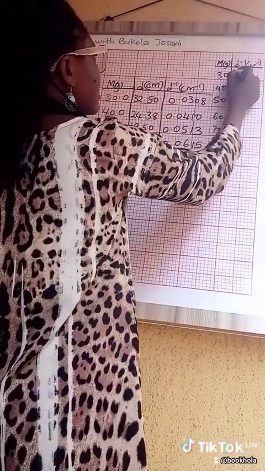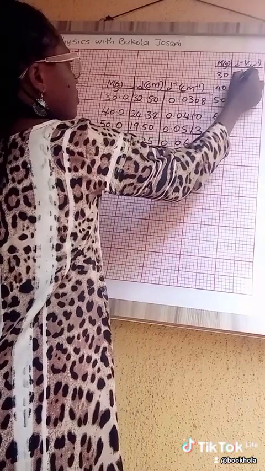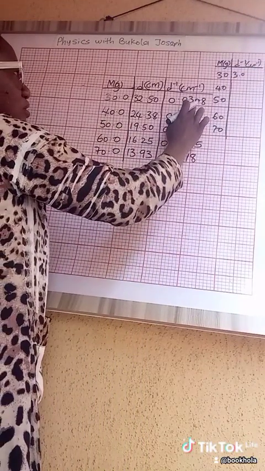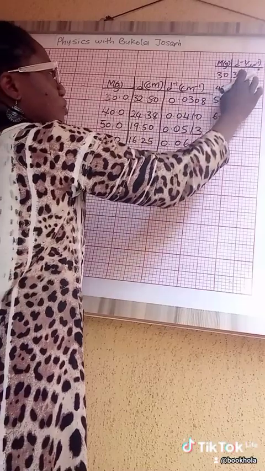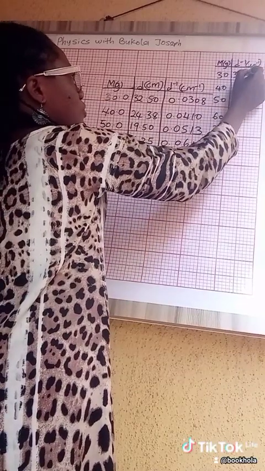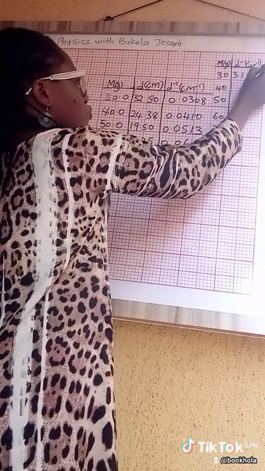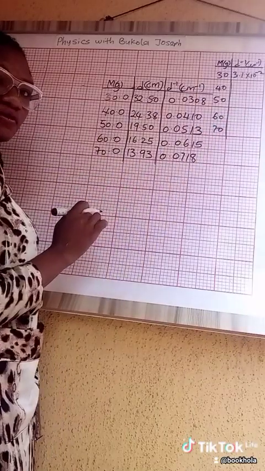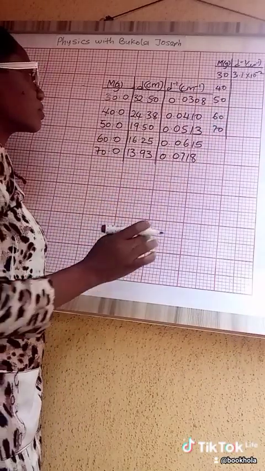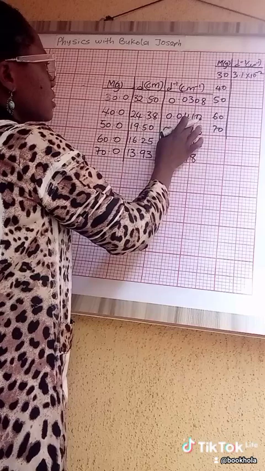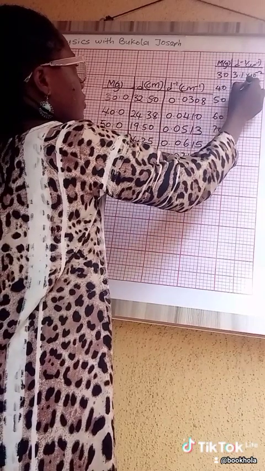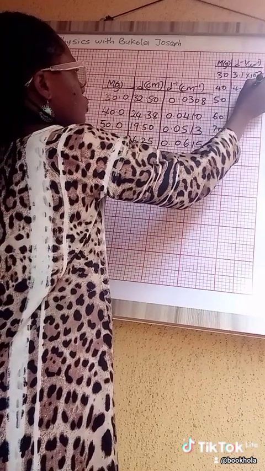So we have 3.0, and by converting it to standard form, this is going to be 3.1 times 10 raised to the power minus 2. I believe you know what standard form is all about. Let's convert this one to standard form. It will now be 4.1 times 10 raised to the power minus 2.